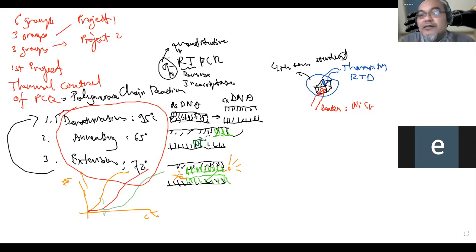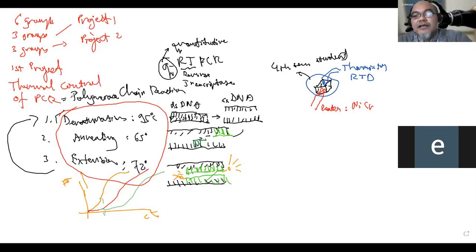And to simulate the sample, we will just use plain water, a small amount of water. Can you heat it up to 95 degrees, maintain it for some duration of time, then lower the temperature to 65 degrees, maintain it for some duration, then increase again to 72 up to 75 degrees, maintain it for some duration of time.